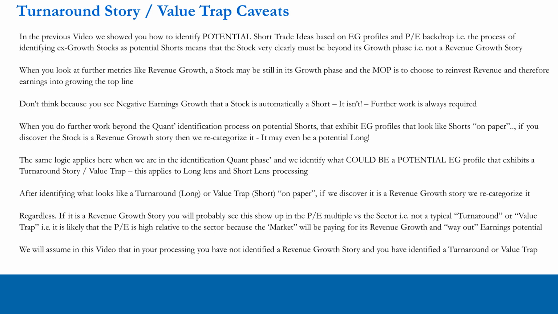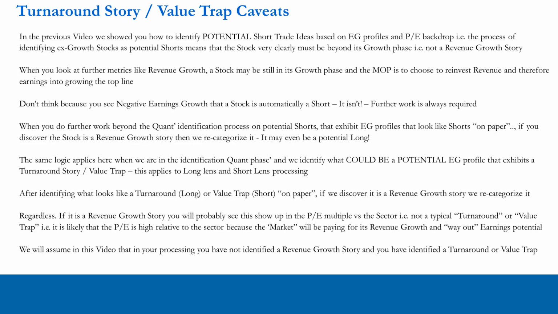So just bear in mind that when you're processing in the quant phase, looking for longs, looking for shorts, potentially categorizing turnaround or value traps, we obviously have our different categories. We have our classic long ideas or ideal or close to ideal long ideas.